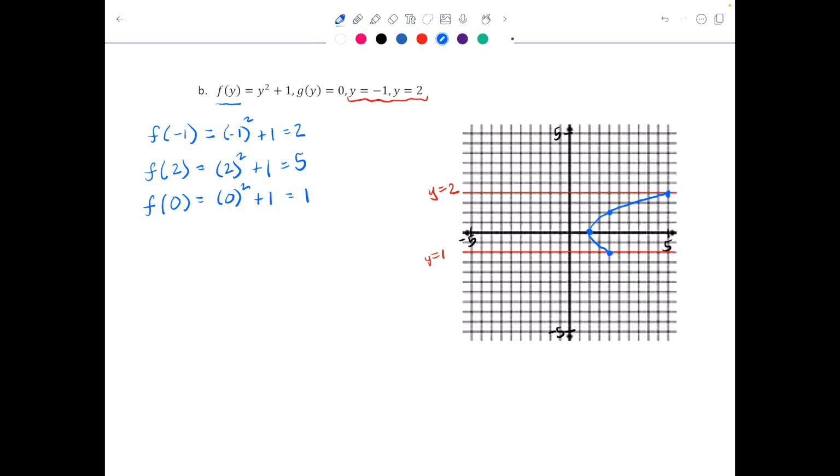Cool. So that is f. Now g at y equals 0 is the same as x equals 0, and we'll just go along those bounds. So this is the line g at y equals 0.